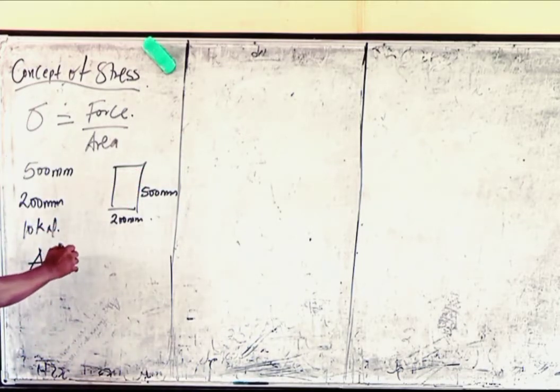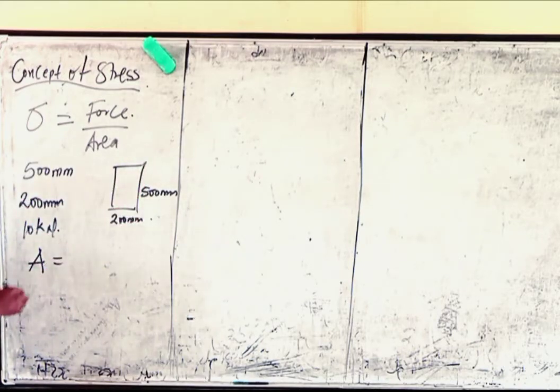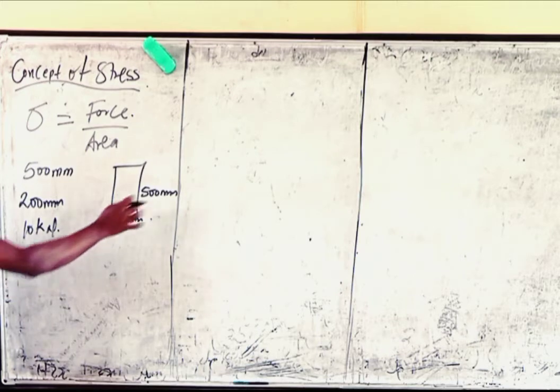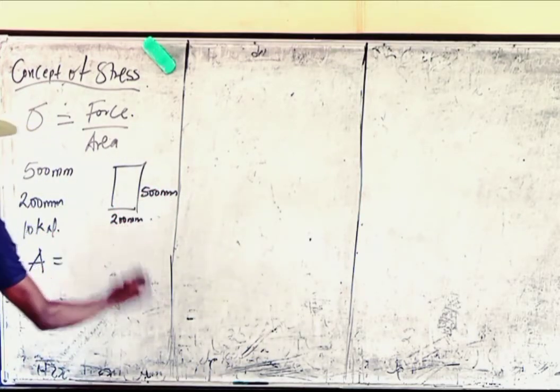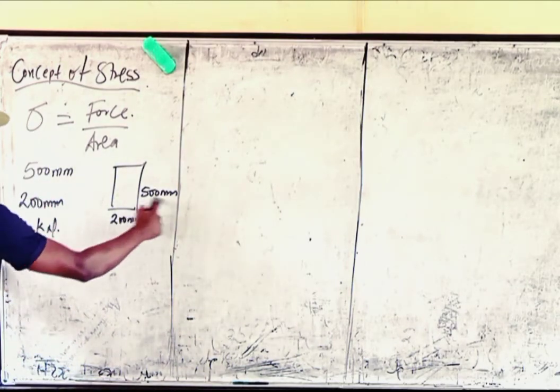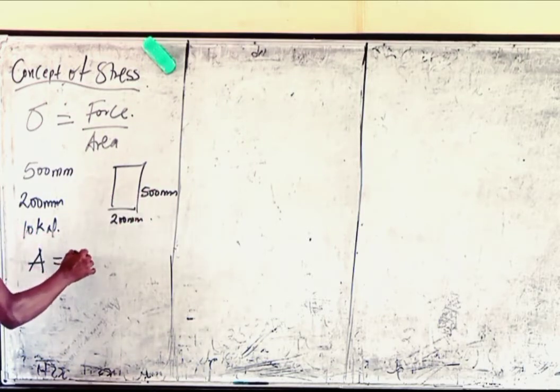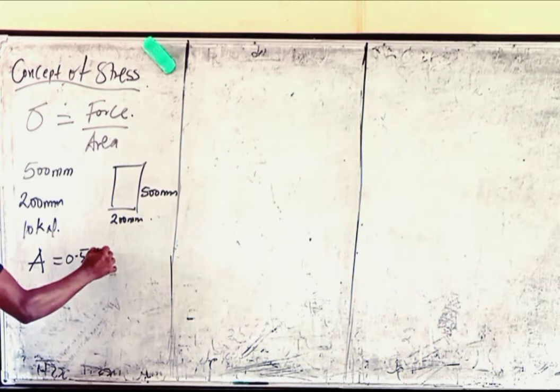Area of the rectangle is length times breadth, or depth times width, so 500 times 200. But 500 and 200 are in millimeters, so I'm going to convert to meters by dividing by 1000. That gives 0.5 and 0.2.